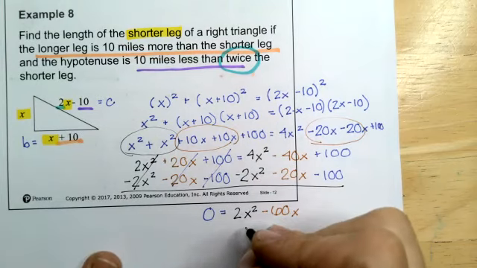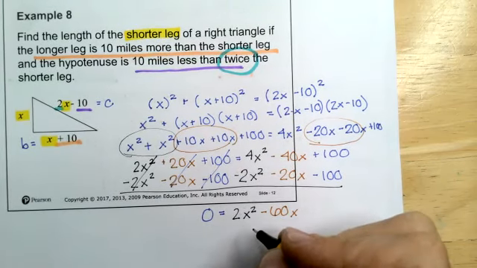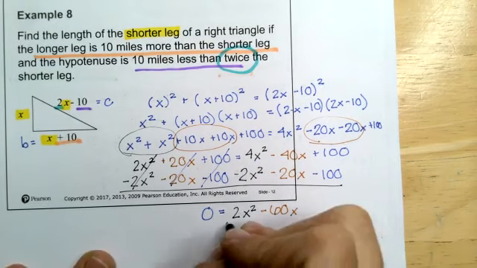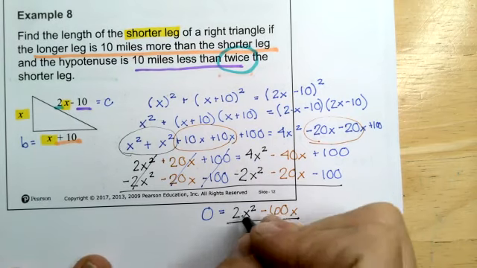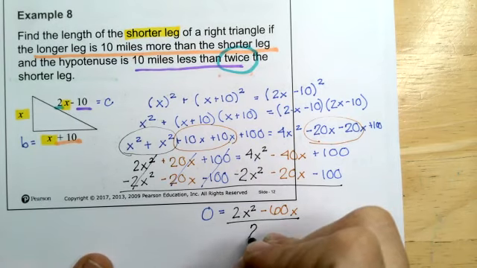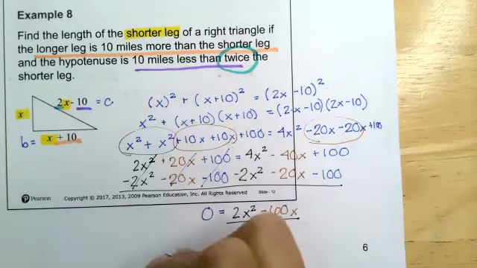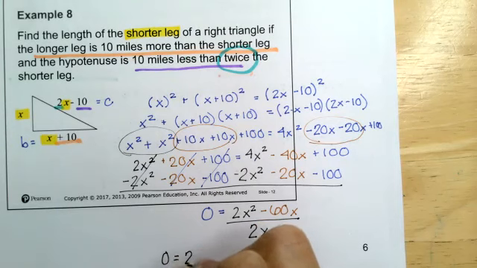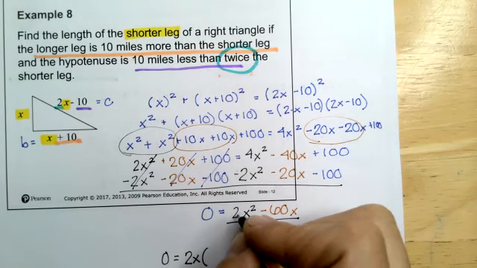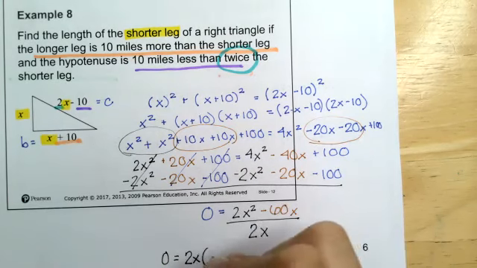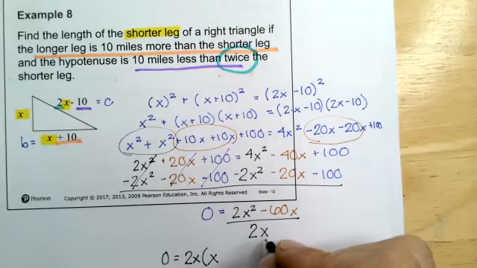Now you don't need two binomials. I know that 60 can be divided by 2 and that x squared and x have a common factor of x. So I'm going to call this 0 equals 2x times the quantity: 2x squared divided by 2x is just x, and then negative 60x divided by 2x is negative 30.